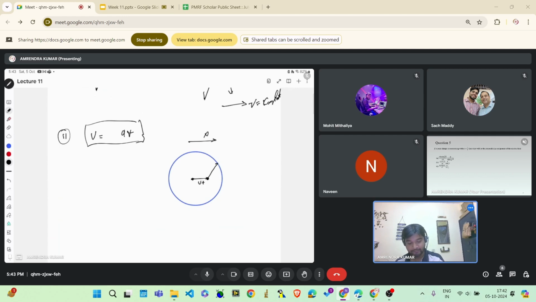If you draw the field lines, it will be like this, this, and this. Here you can see this was the initial position, this is the final position. Now, if you draw any bigger Gaussian surface, what will happen?